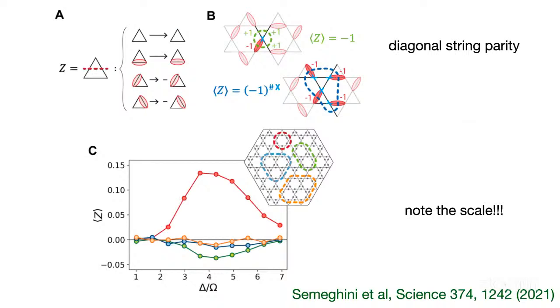Now, how did they probe this in the experiment? They have two kinds of loop operators, namely something that probes for E anyons and something that probes for M anyons. For E anyons, they look at Z loops, so diagonal loops, and the operation is shown here. If there is no dimer present, nothing happens. On the part facing the hexagon, it's a 1.